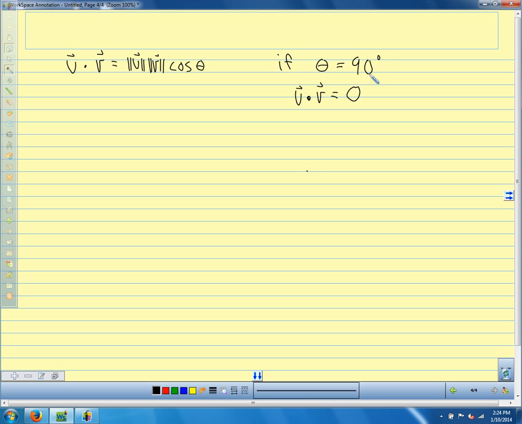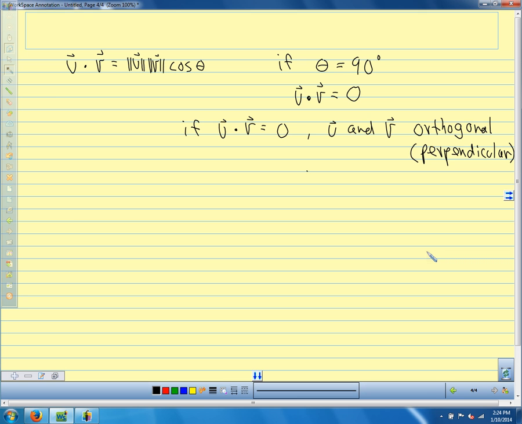So the way we say that is, if u dot v equals 0, u and v are, we call it orthogonal. Orthogonal is the way we say perpendicular when we're talking about vectors. It's another word for perpendicular.